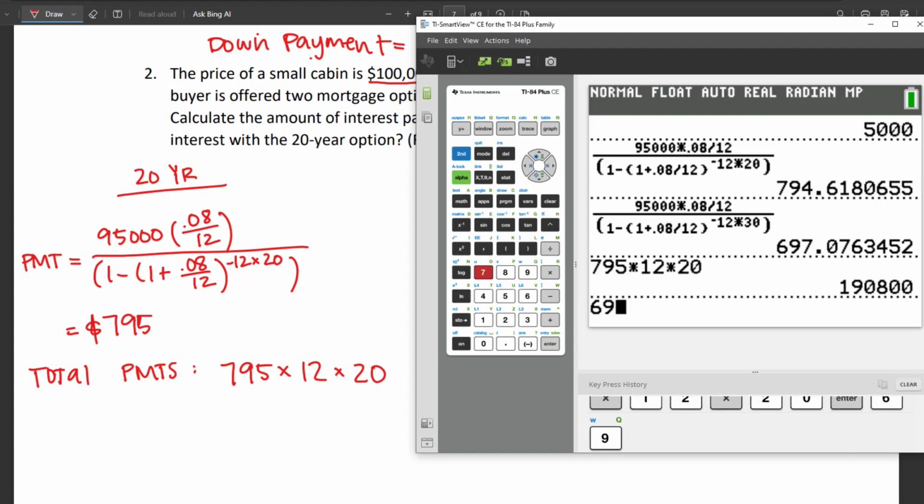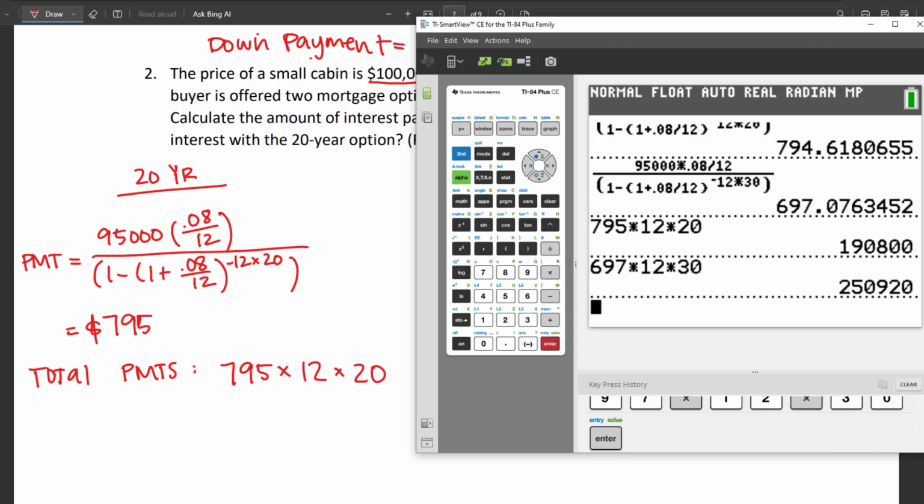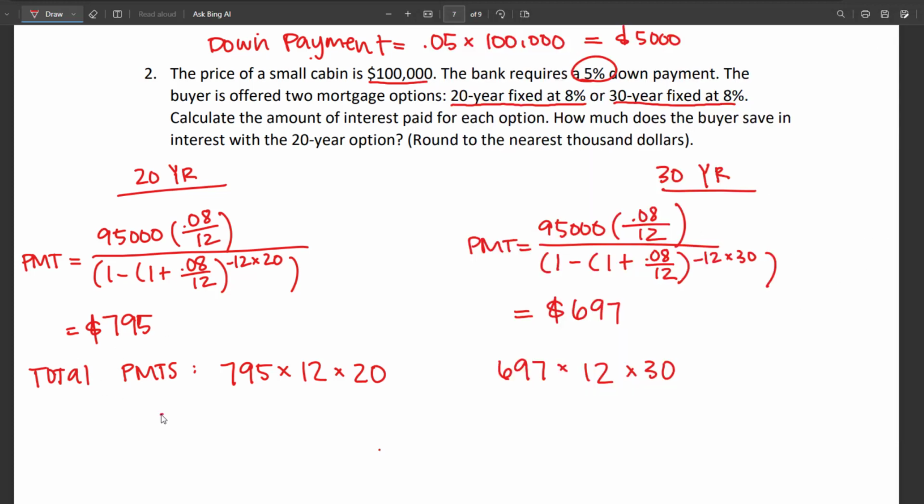Wow. So you can see that the 30-year option, we have paid a whole lot more towards that home. So our total payments for the 20-year option was $190,800. And then the total payments for the 30-year option was $250,920.